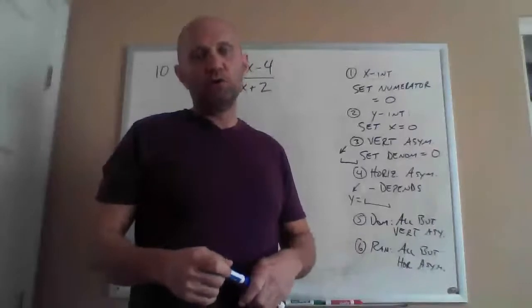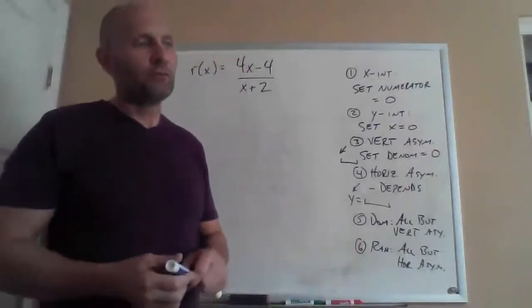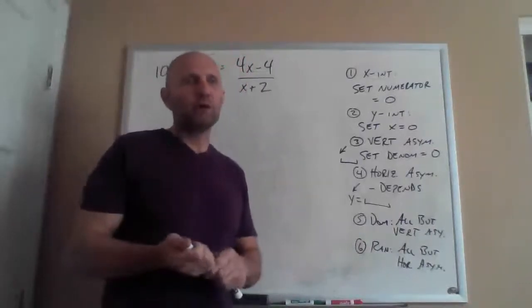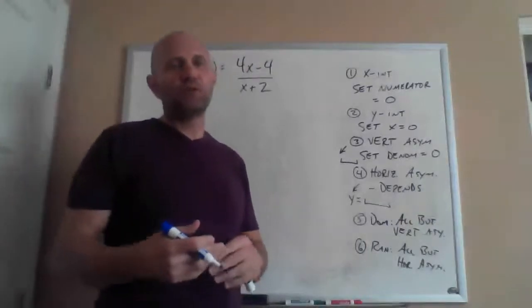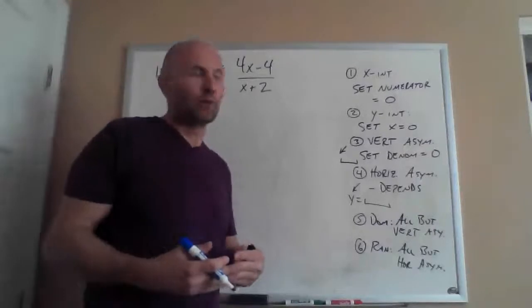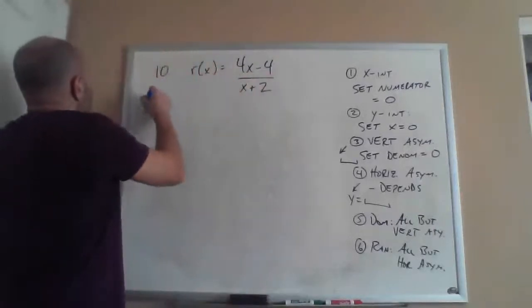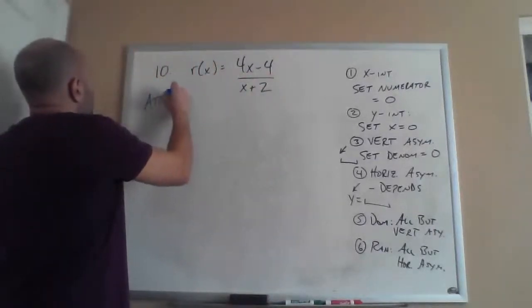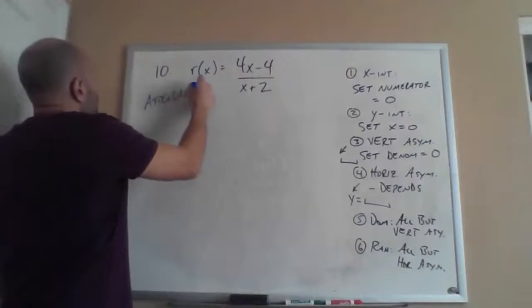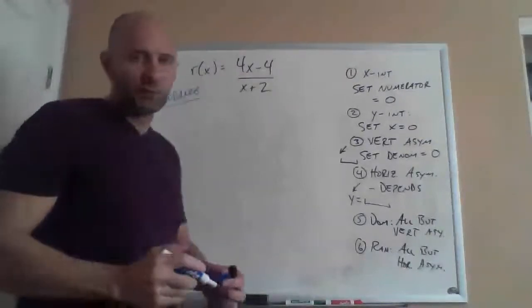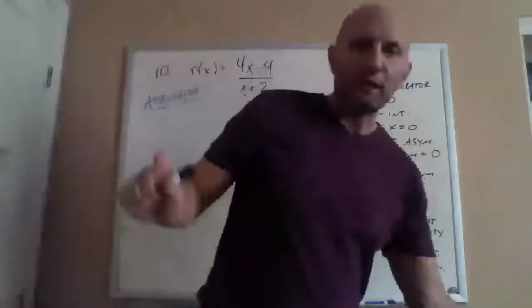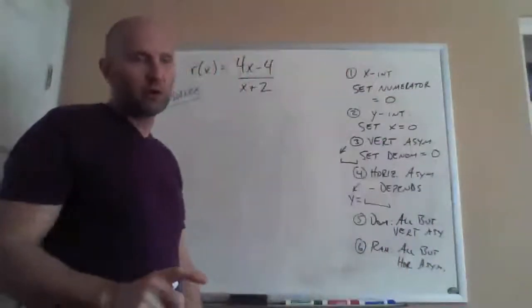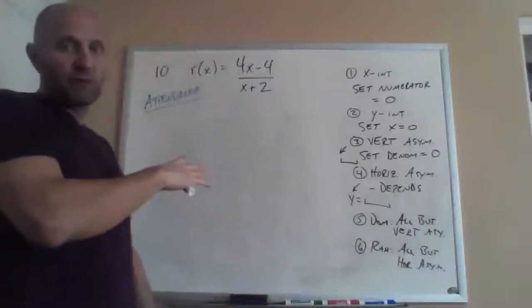But what we're going to do in lieu of attendance is one time during these live streams, one of the problems I'll pick to use as, let's call it, the attendance problem. So this one here is the attendance problem. What I would like for you to do is in your ticket out the door notebook, put this problem in first.